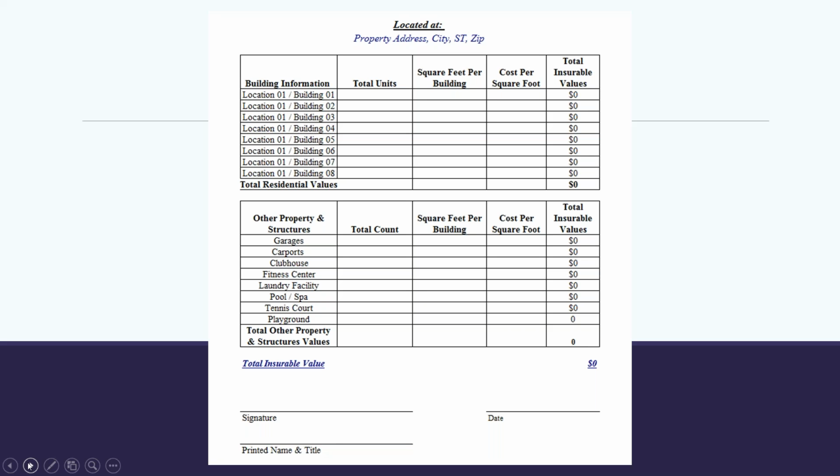That's what you're trying to define, whether they're wanting to insure the property components of the other property that you're seeing listed out there. All of those will be rated for a liability exposure automatically when they're listed out. But you have to decide whether the insured wants to insure the property portion of those components.